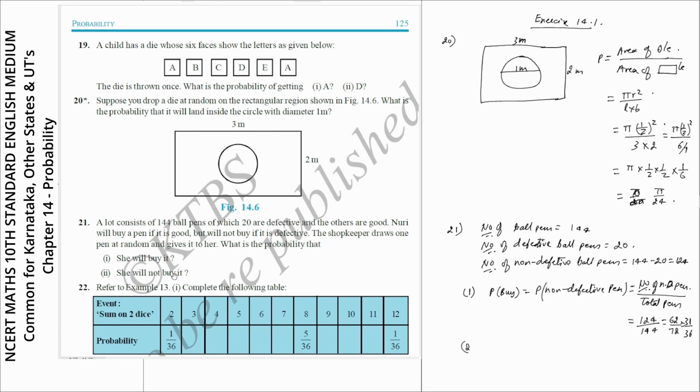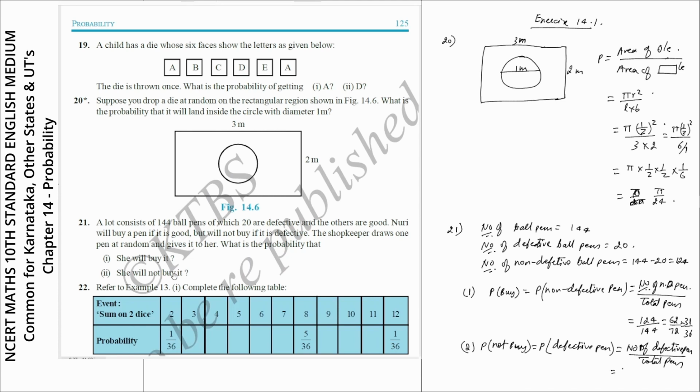Now what is the probability that Noori will not buy? So probability that Noori will not buy will be the probability that the picked up pen is a defective pen. So probability of defective pen is equal to number of defective pens by total number of pens.